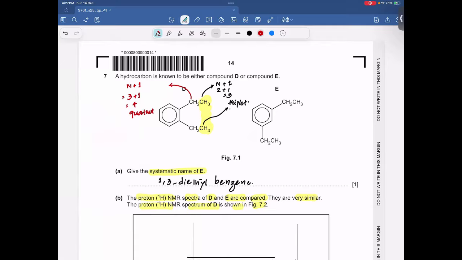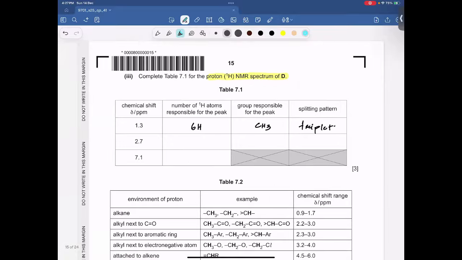So this CH2 also represents a quartet, and both CH2s have the same chemical environment because they are attached to the same carbon atom at the same distance. So 4 hydrogen atoms have the same chemical environment, and they will give a quartet. Group responsible: CH2, and that's a quartet.